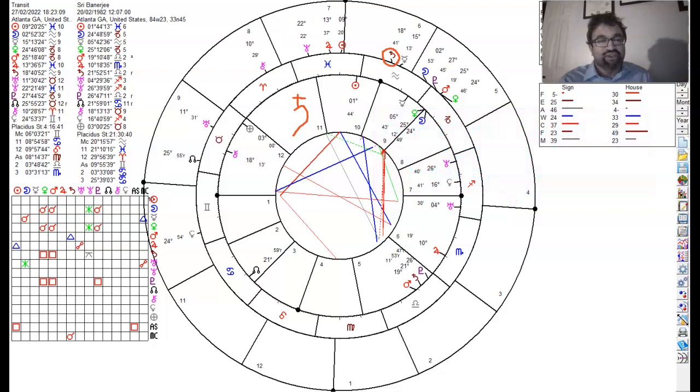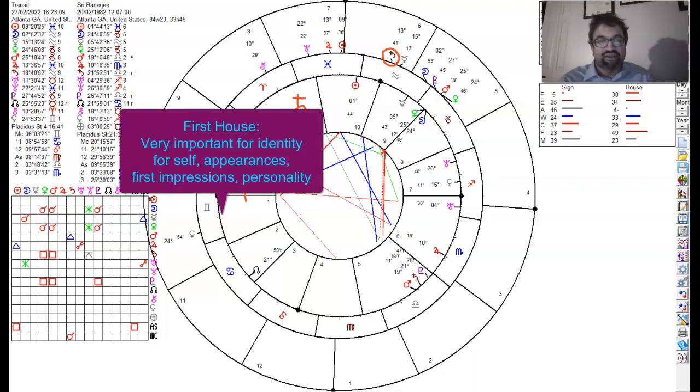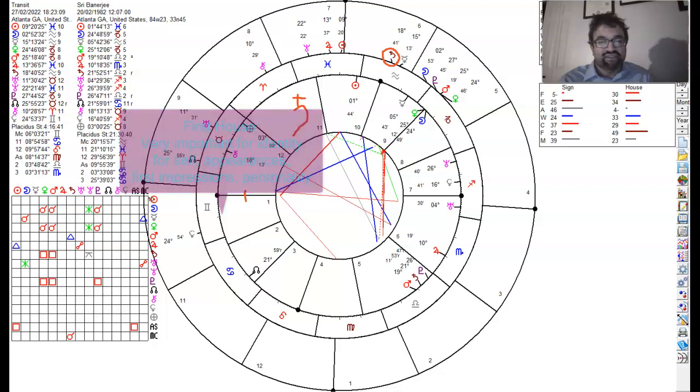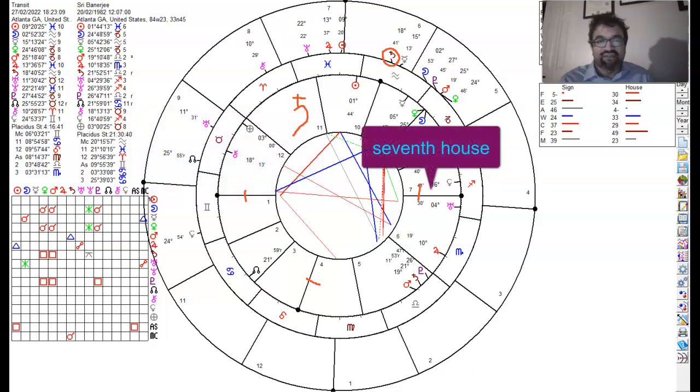signs. And over here on the left, you can see here is the first house, and then following the patterns, the fourth, seventh, and then 10th.